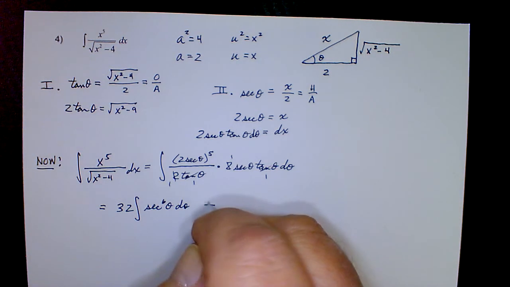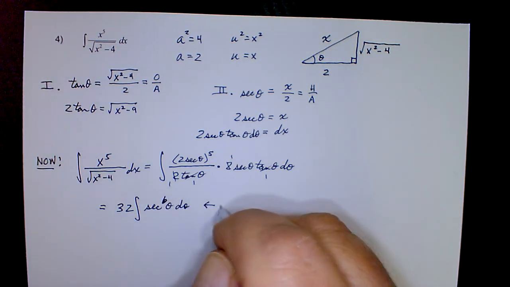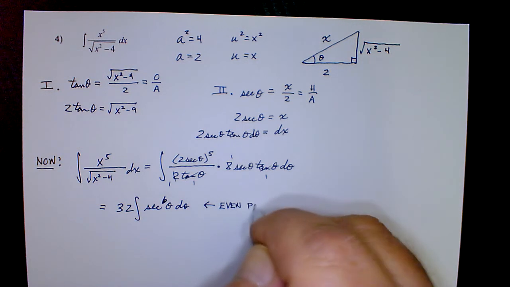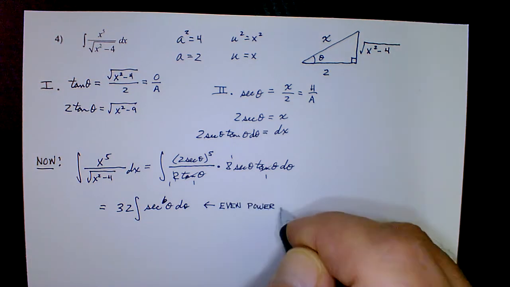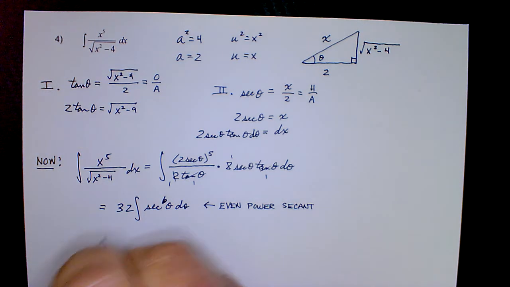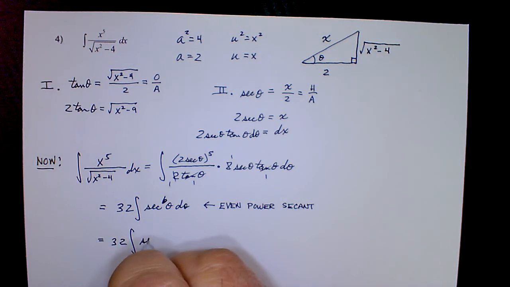And then if you recall the methods for integrating powers of secants and tangents, here's an even power of secant. So to integrate an even power of secant, we borrow 2 factors.